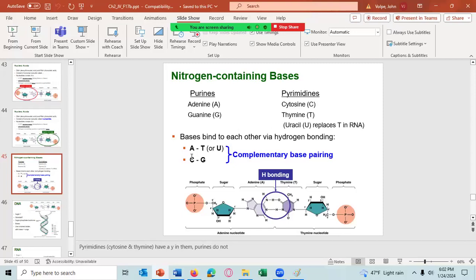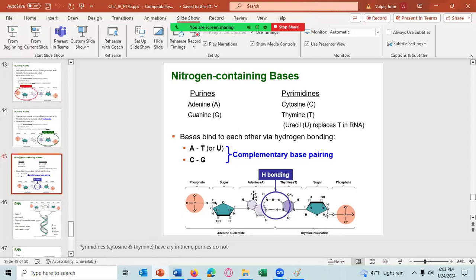C is complementary to G, so C and G can also pair, where the C will be on one single strand of DNA, and the G will be on the other single strand of DNA in the double strand of DNA.